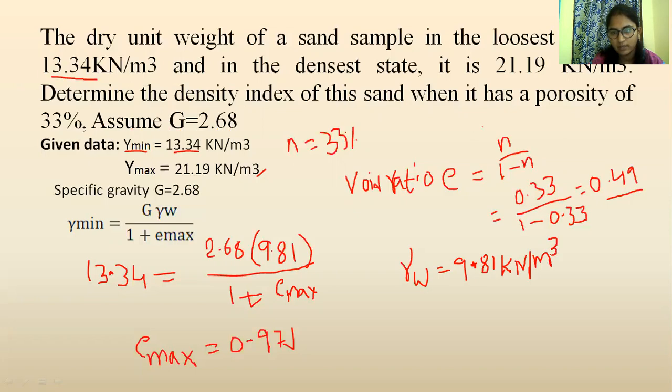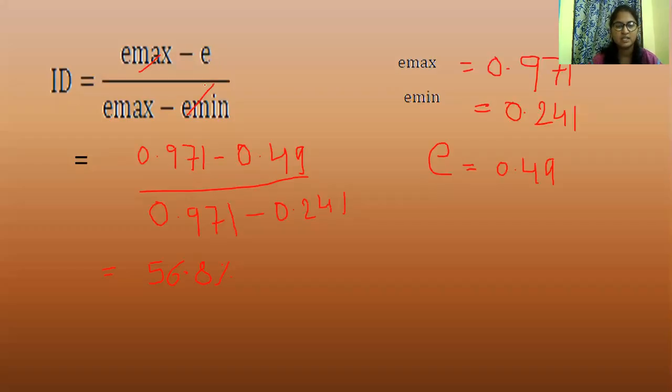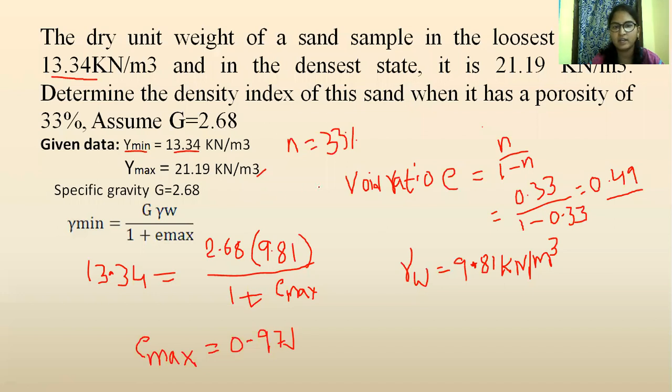So the main equation is relative density, (e max minus e) by (e max minus e minimum). We find e max, e minimum and e: maximum void ratio, minimum void ratio, natural void ratio. What are the formulas for them? Generally, void ratio e is equal to n by 1 minus n.